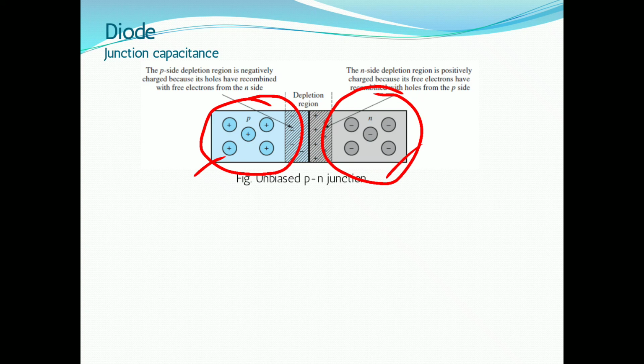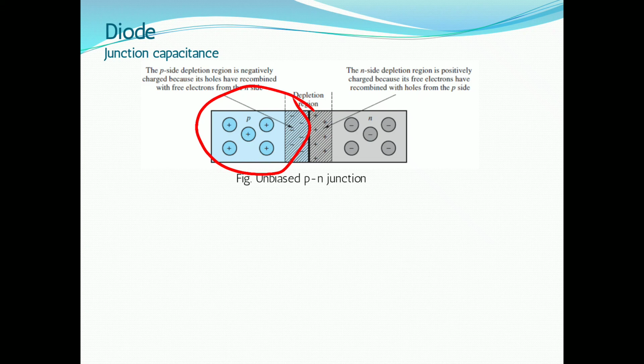So what happens, these electrons from the n side will interact with the p side, so they have donated the electrons, that's why a positive charge appears near the n region. And similarly, the holes in the p region have accepted the electrons from the n side, therefore a negative charge appears near the p region.